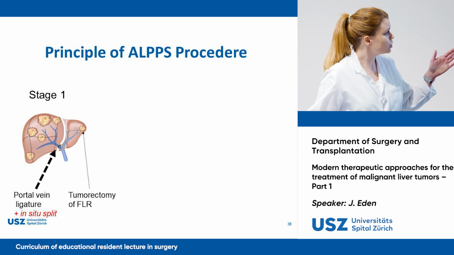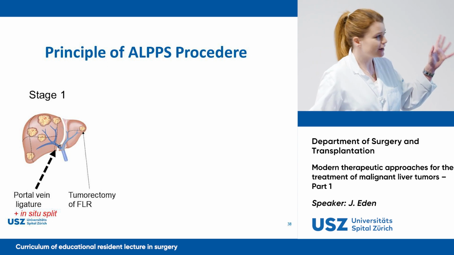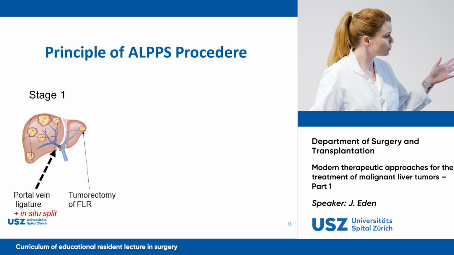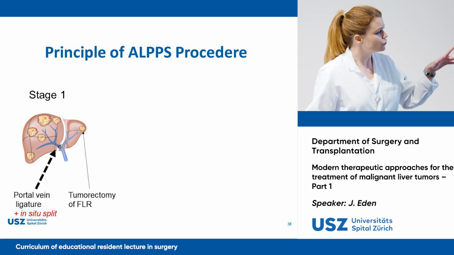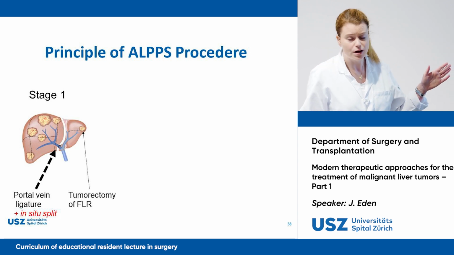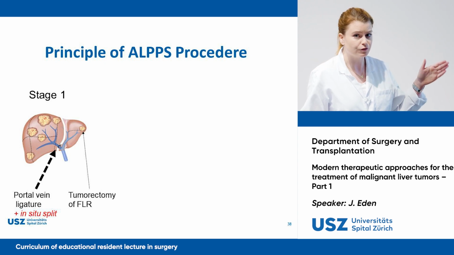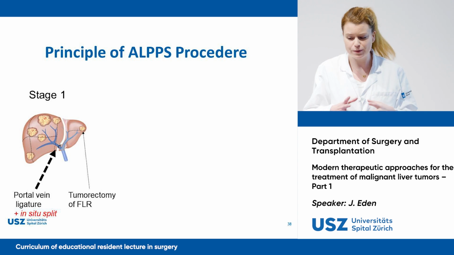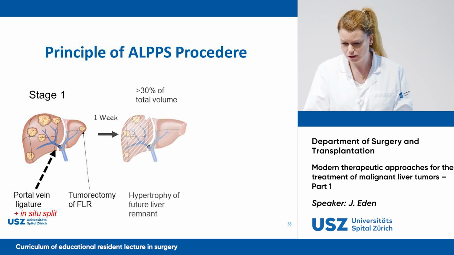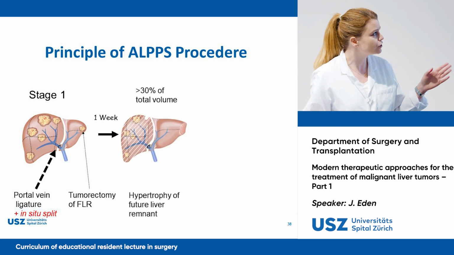Now, you know this image by now, liver, right side again, more affected than the left side. We do the portal vein ligature, we do the tumorectomy, and all of that is not new. But now we do a split of the liver, a total split of the liver for the ALPS procedure. So we basically have 2 parts. And then we wait, and that's the difference between the ALPS procedure and the other procedure.